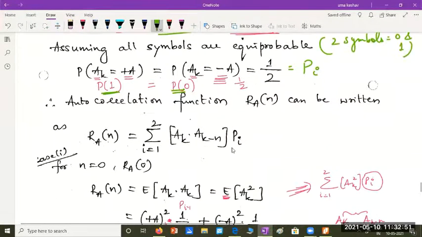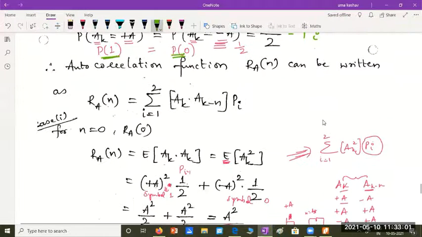Now we move on to find the ACR function Ra of n. All this we did in the last class. So I told you to remember the definition for this Ra of n.